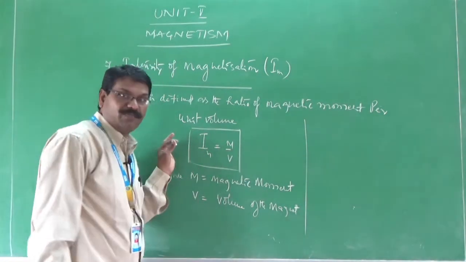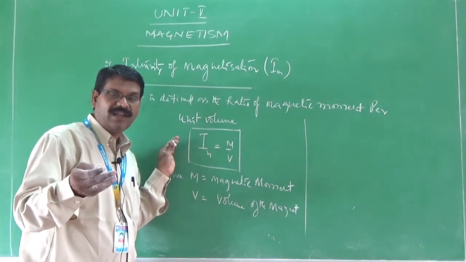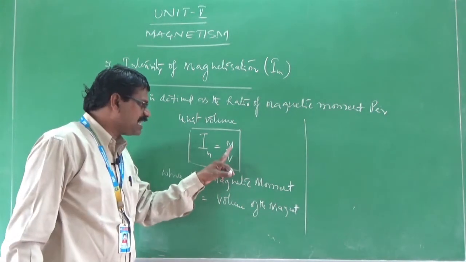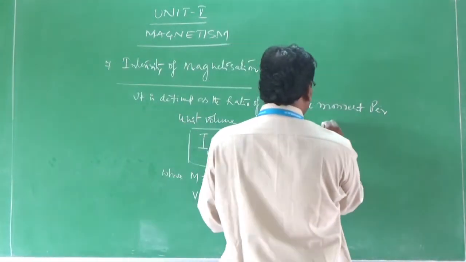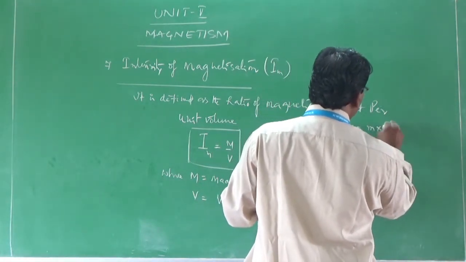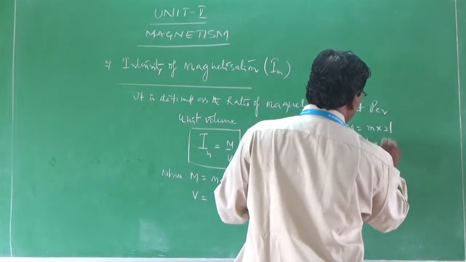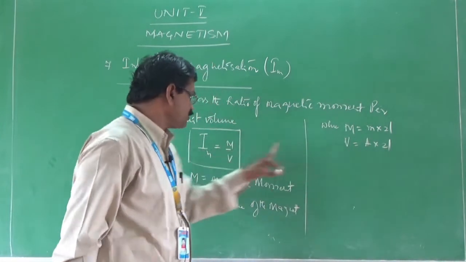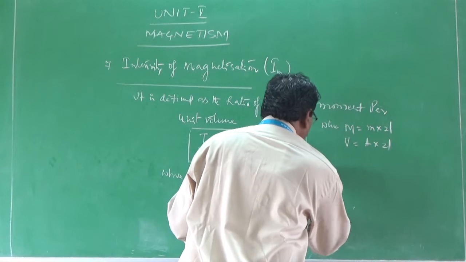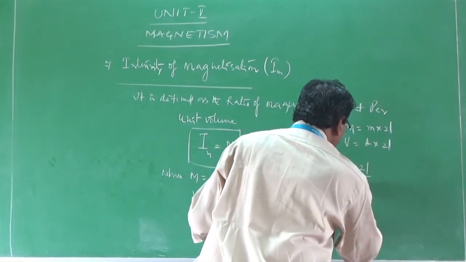If you take a rectangular parallelepiped whose length of the magnet is 2L and whose corresponding magnetic pole strength is denoted by m, I can write Im as m into 2l by a into 2l.